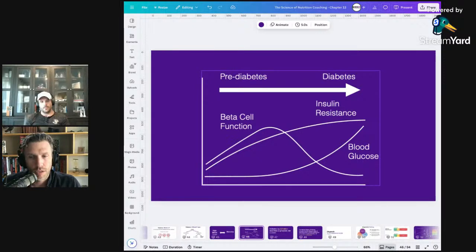Now, this whole concept of your body getting fatigued from producing insulin, so you're not producing enough. What actually happens is as this process of insulin resistance continues and increases, and as you're asking your body to produce more and more insulin, the same processes that happen inside your muscle cells or your liver cells also happen in the beta cells of your pancreas. So they start to experience things like oxidative stress and lipid infiltration.